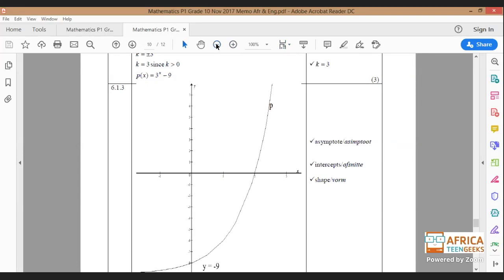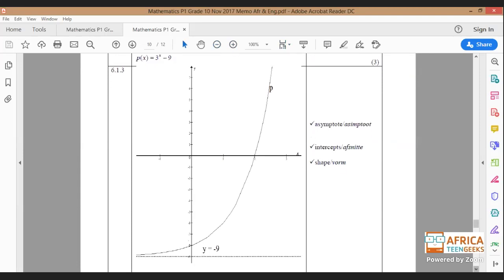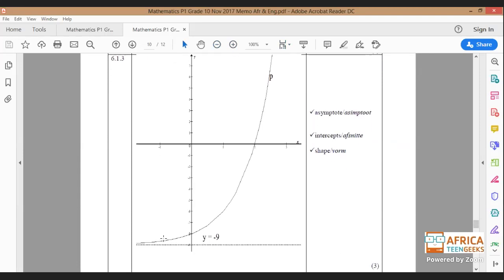So if you look at the graph, the first thing you're supposed to put is the dotted line, the line of asymptote, therefore y = -9, boys and girls. Then you know that the x-intercept was (2, 0). So your graph will pass through here.